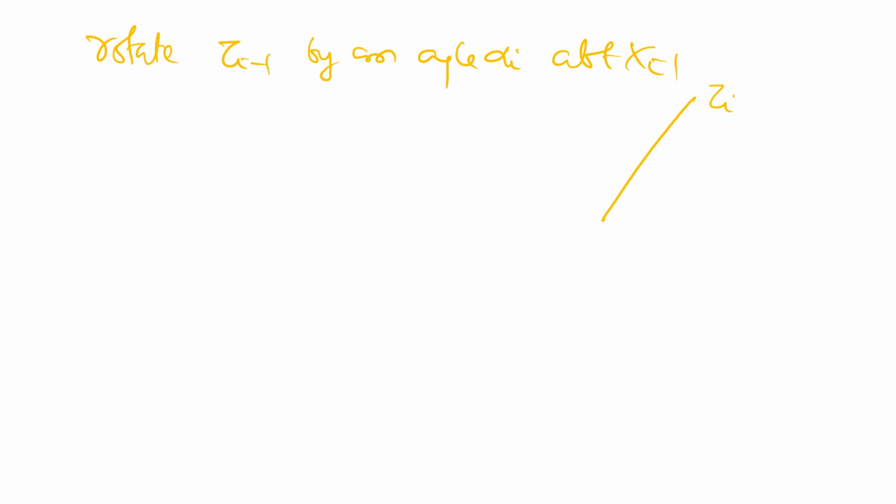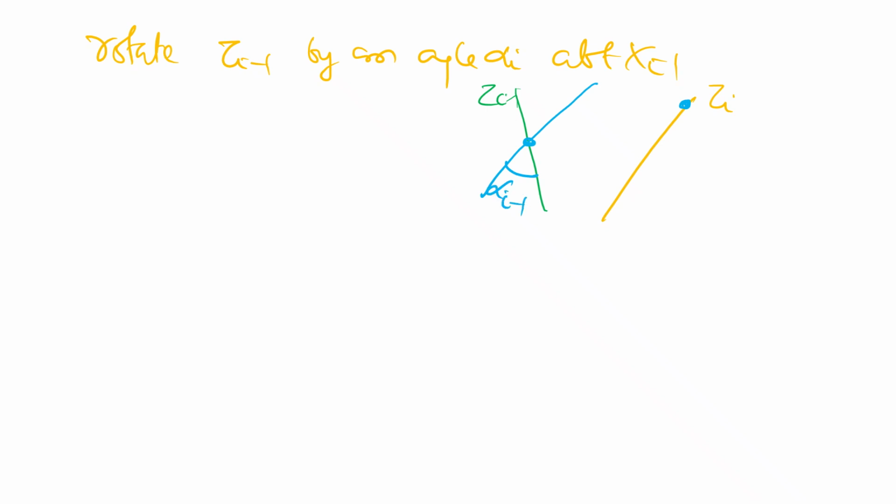Then here is your zi minus 1. Now you are rotating this so that it is parallel. Okay, it looks like parallel. So this is the one. Okay, so here I have to merge. So this is the point. So I have to rotate alpha i minus 1.